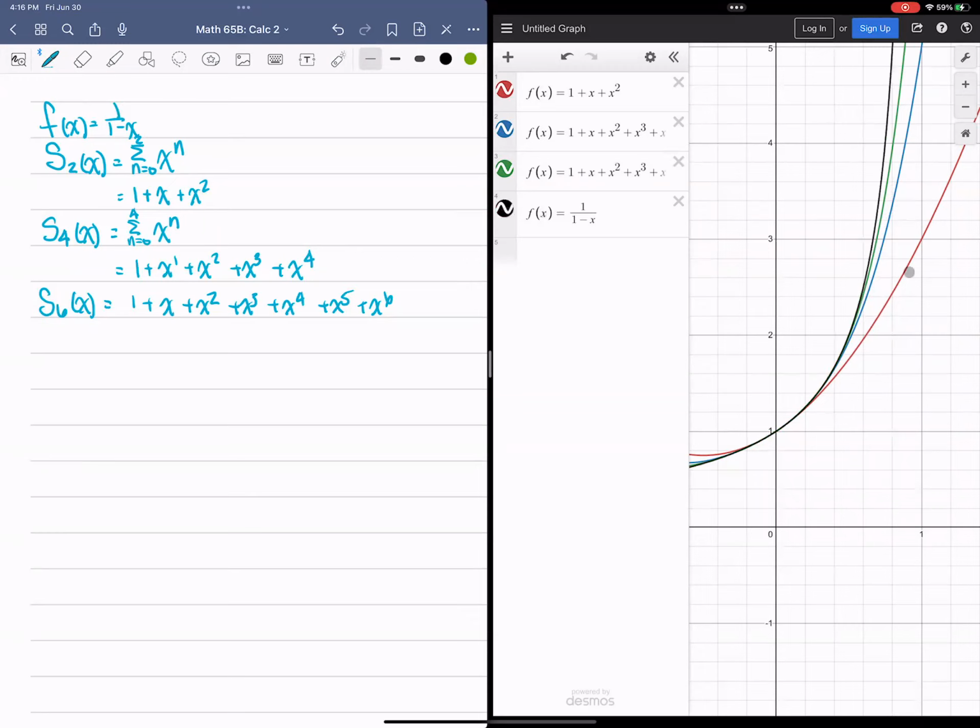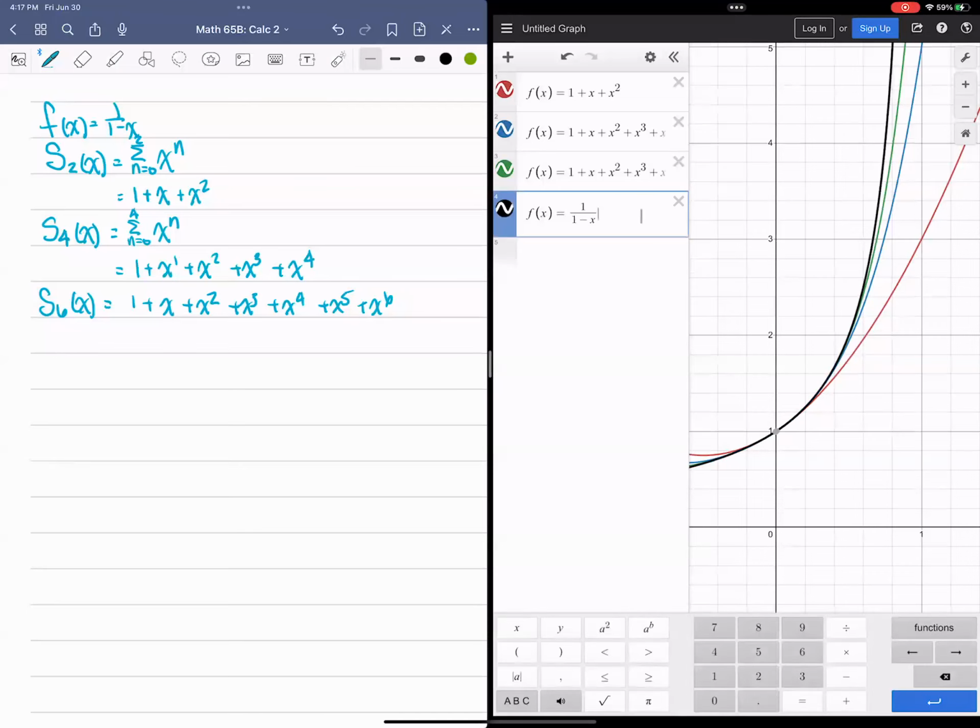So as we look at all of these values, s sub 2, s sub 4, s sub 6, as n gets larger, it gets closer and closer to our actual function, f of x equals 1 over 1 minus x. It gets progressively closer to that one, so much so that if we look at the infinite sum, it actually is this graph right here, which is kind of cool.